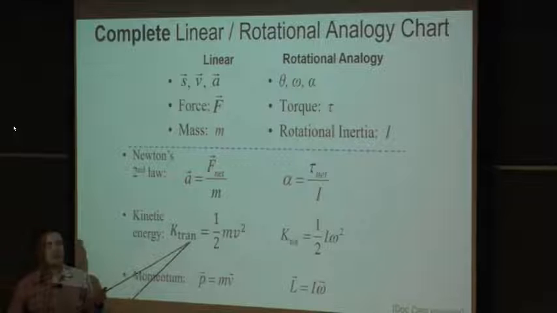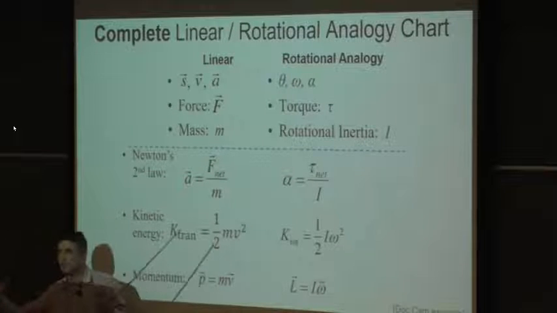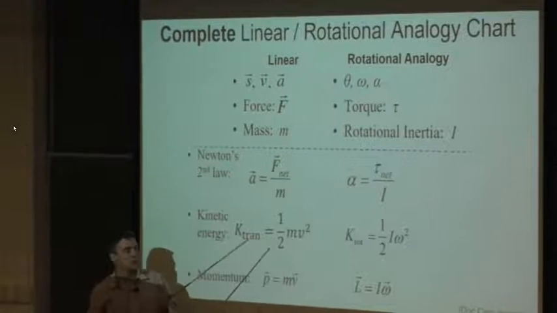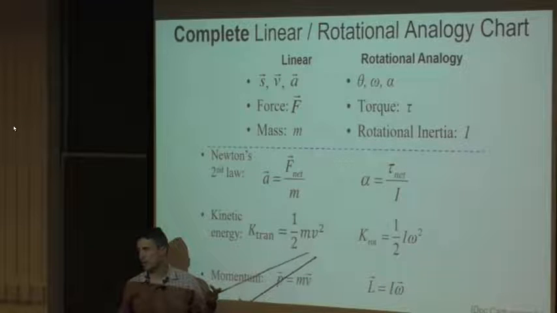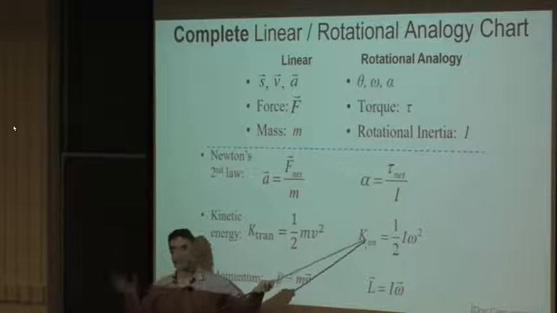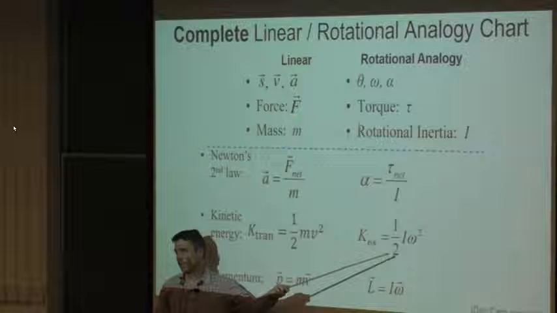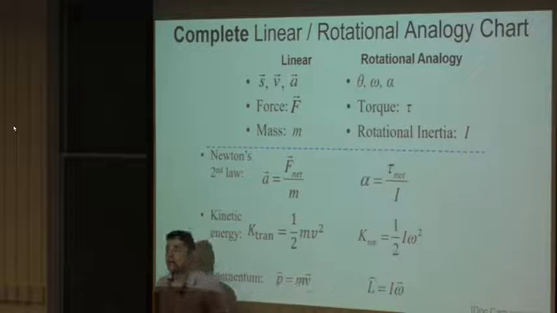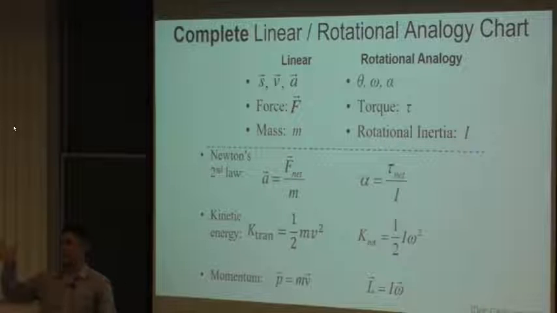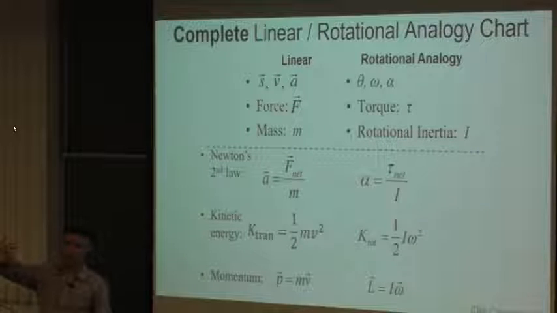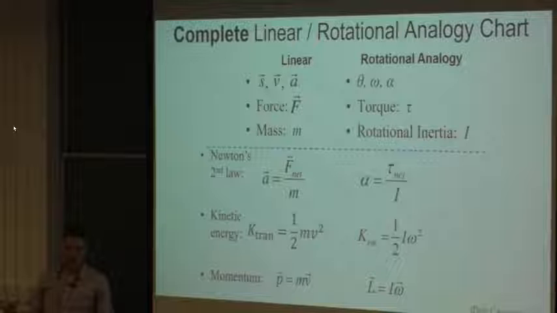We're going to call this translational kinetic energy because the object is translating from one place to another, 1/2 mv squared. And the rotational, if it's also spinning around its center of mass, has rotational kinetic energy of 1/2 I omega squared, where I is now the rotational inertia around that center of mass.